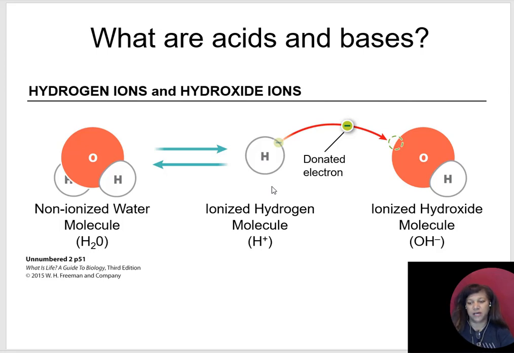It's a positive ion. It doesn't have its electron, right? And we also have what's called hydroxide, which is the OH, and it has now an extra electron. And so that makes it a little bit more negative. And it's also ionized, right?